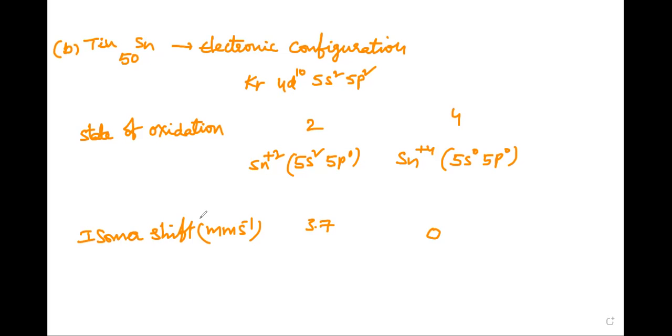The main factor affecting the magnitude of this chemical shift or isomer shift is the electron density.